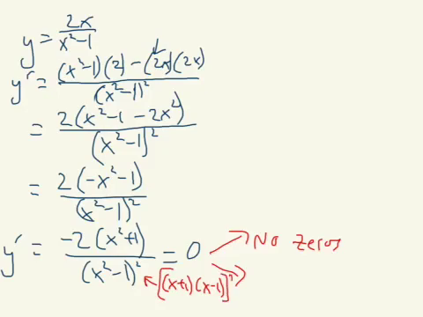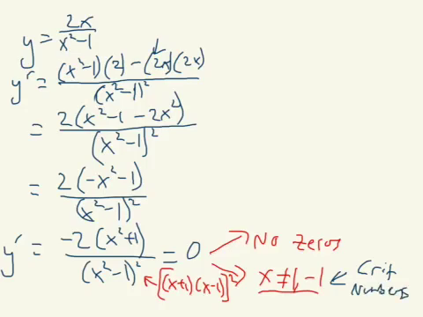The squared doesn't really matter. That tells me x can't be 1 or negative 1. We got that from the pre-calculus analysis, but we do need to pay attention to that. Okay, now we've got our critical numbers.